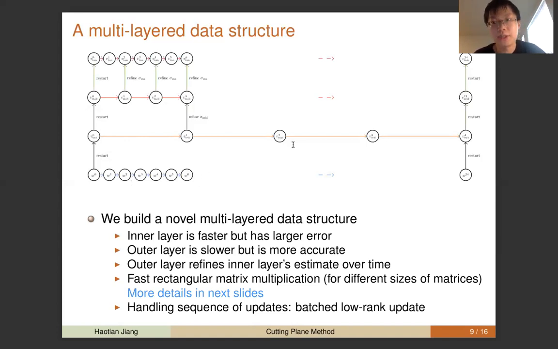We introduced this batch low rank update technique to handle this entire sequence by decoupling it into a heavy update, which has low rank, and a small update, which has small size.